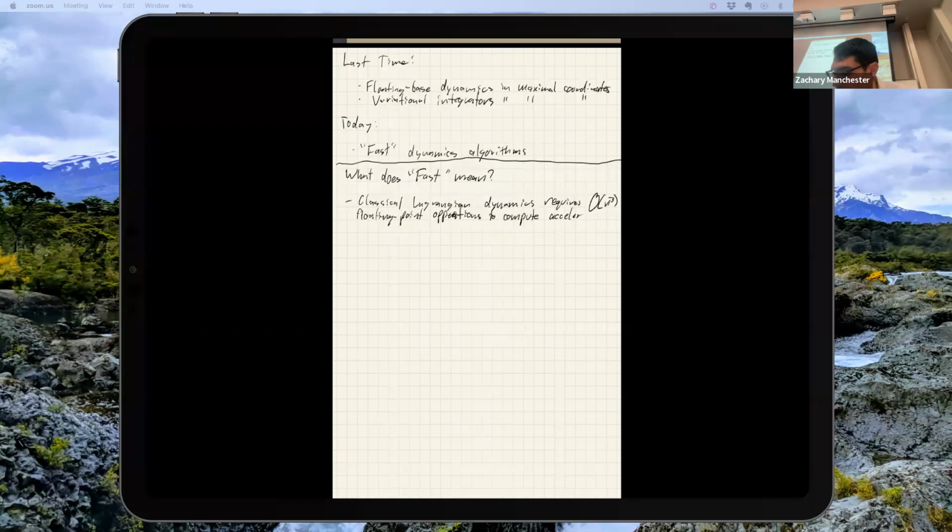And this n is your number of degrees of freedom.